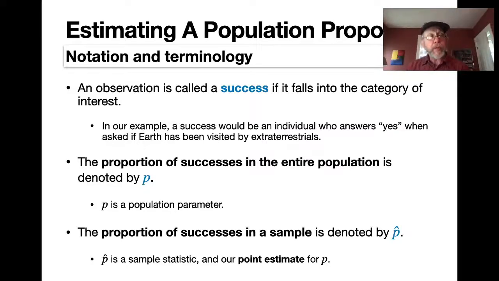But we're also interested in the proportion of successes in the sample, and we're going to denote that by p hat. So that is a sample statistic, and in fact, since p is unknown, we basically have to look to p hat as the best information that we have about p. So p hat is our sample statistic and our point estimate for p.